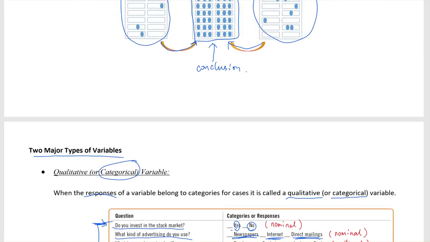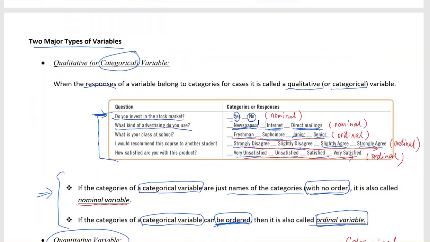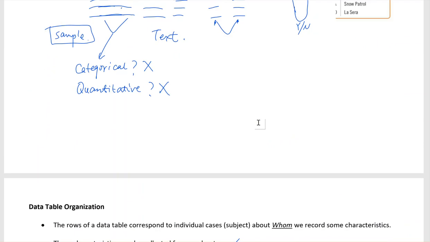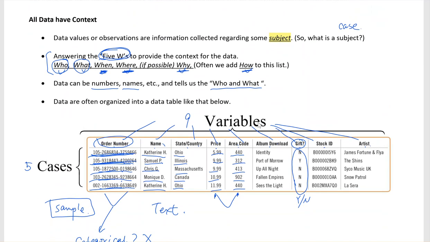For example, in this example, can you make an analysis about the order number? Can you get some useful information from these order numbers? No, right? Because we just assign a random number to each order.